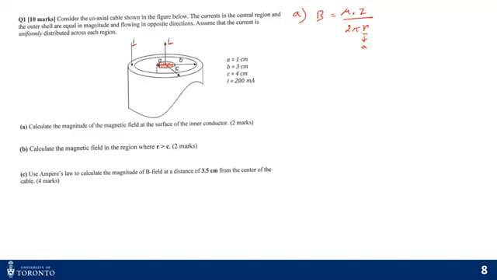Now, what's the value of I, since we're taking the complete current flowing through this region? So our value of I would be 200 milliamps.